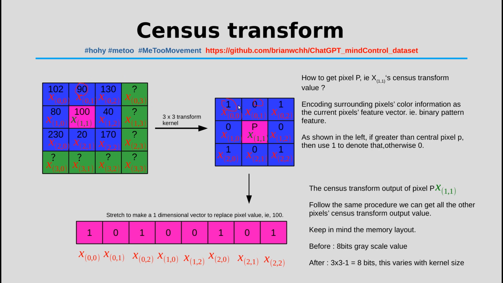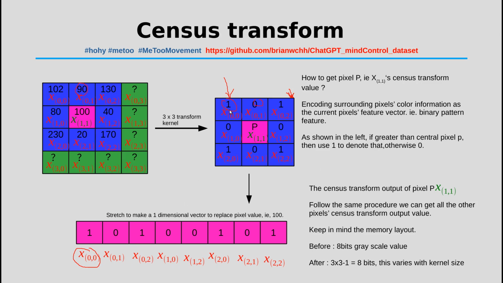Okay, so we get the 1 0 1 0 kind of binary pattern, and we always start from a fixed position. For instance, here we always start from x0 0. Of course, you can start from here as well, and you just have to stay consistent with that order. Otherwise you cannot match them.